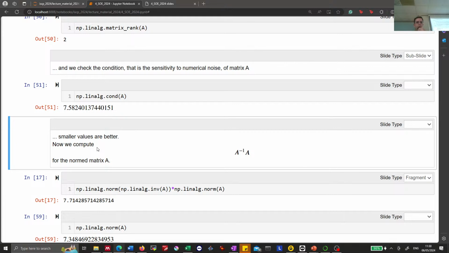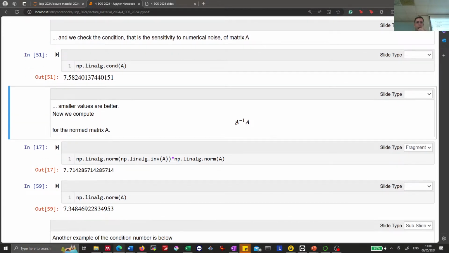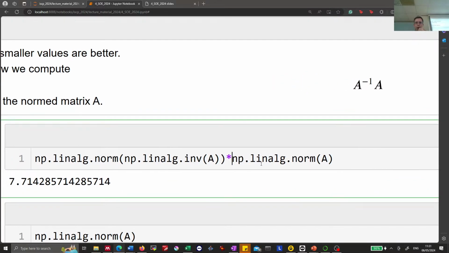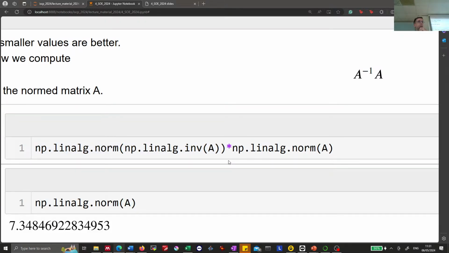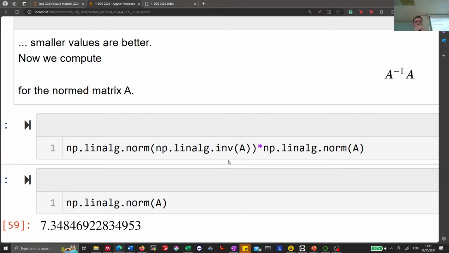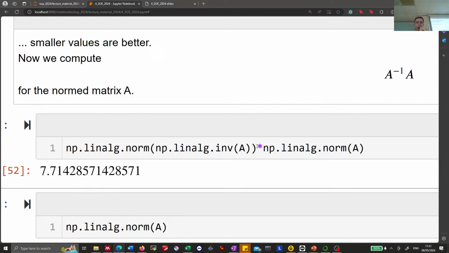What we can do is confirm the condition number by computing the norm of A inverse times the norm of A individually. So what I have done here is I compute the norm of A, I compute the inverse of A, and then I take its norm, and I take the product of both. Note that the norm of a vector and of a matrix is a scalar, so I can work here with a simple multiplication.